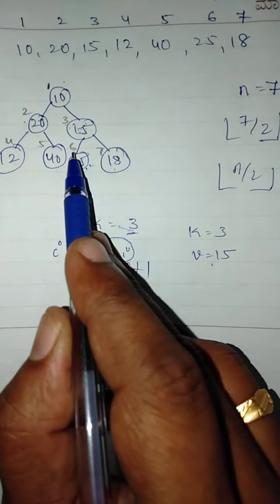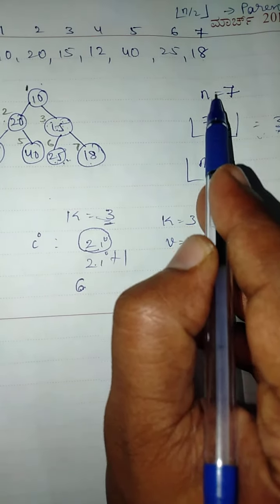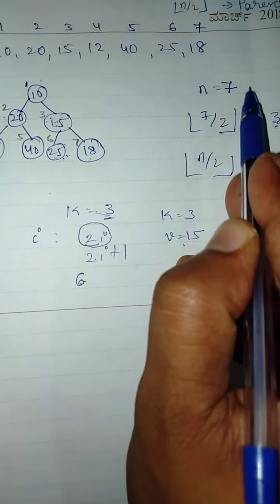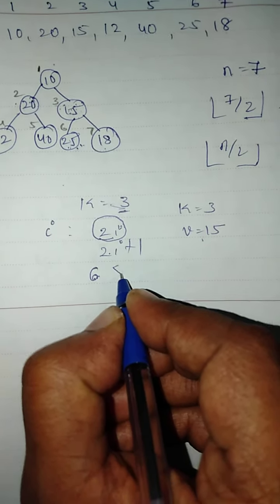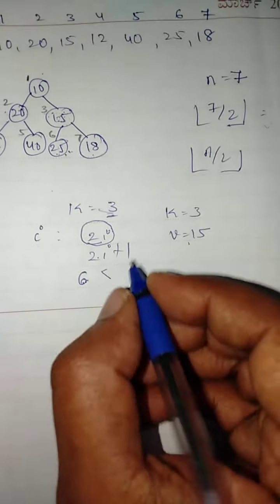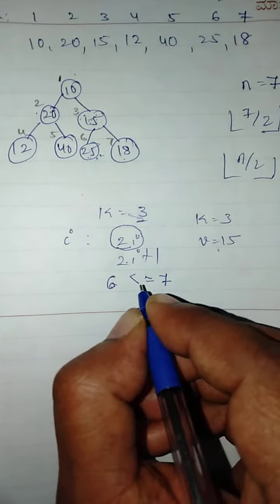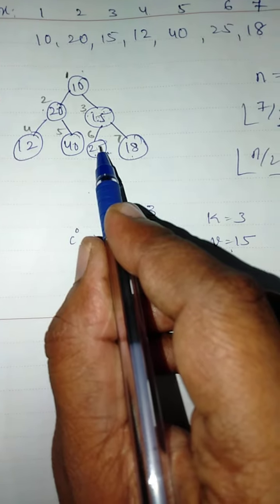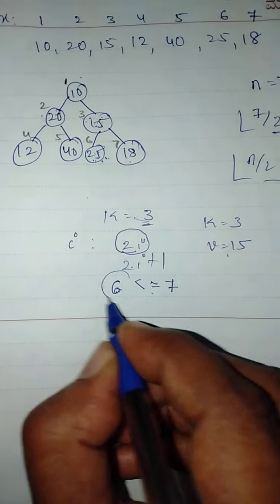Yes, in the diagram we will come to know this 6 is a valid position, but how do we come to know? This index 6 is less than the maximum elements, isn't it? The given n value. Therefore if at all this 6 is less than or equal to the maximum number of nodes, there is some node, right? There is some node. Okay, and how do we obtain this 6?